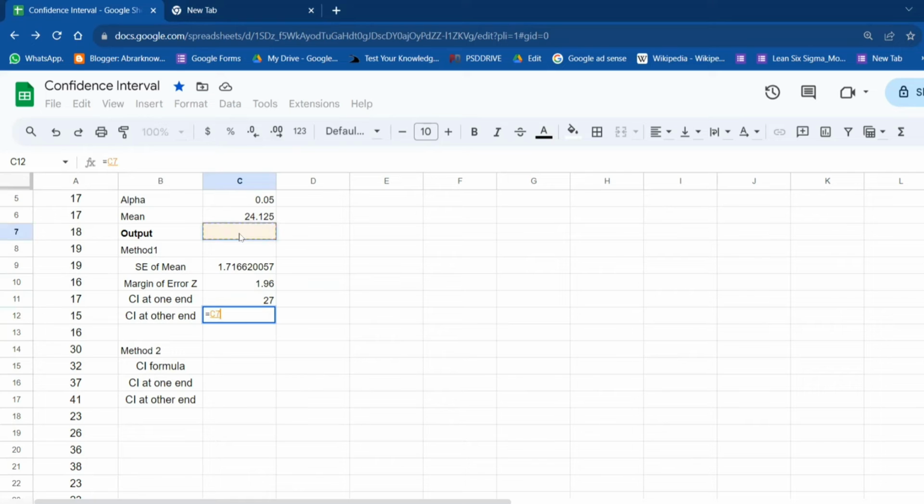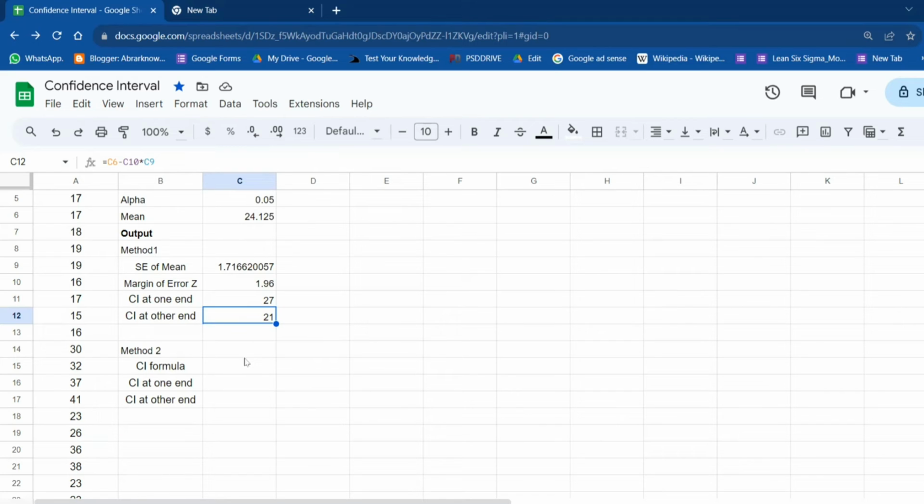Your mean is here, minus z times standard error of mean. This is again like, that means the tar will change, with the 95 percentage confidence, we can tell the torque value will be between 21 to 27, considering the mean value is 24, with the 95 percentage confidence.